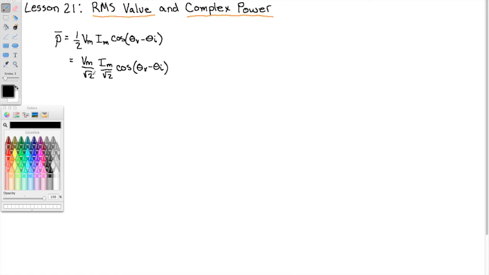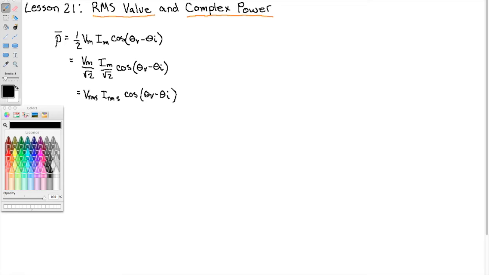All right, well, why did I do that now? It's because Vm over the square root of 2 is the RMS voltage across the element, and Im over the square root of 2 is the RMS current through the element. You see what's happening here?